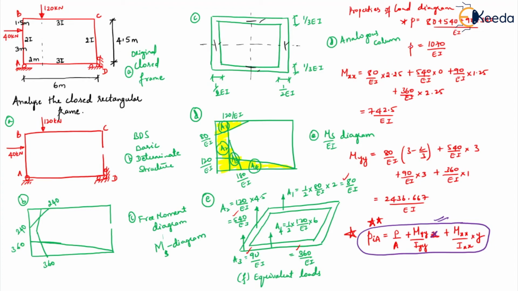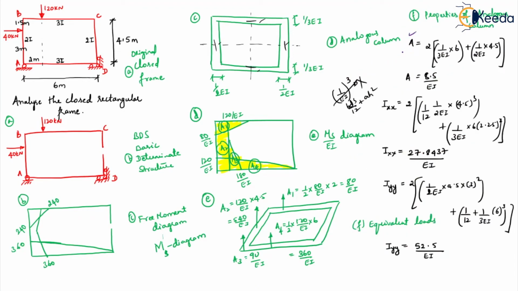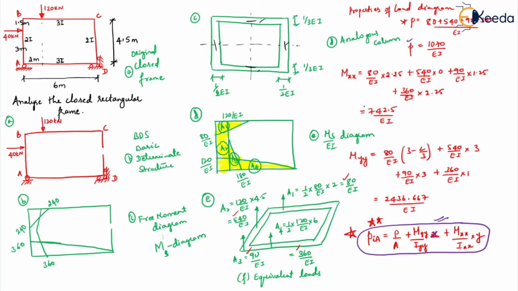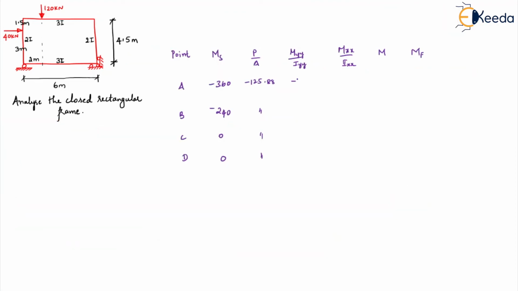Where's your P and A? See, this is your P. Okay, this is your A. So that P by A will be constant for all the places. Then MYY by IYY. Here you have it. MYY, IYY. Right? So if you substitute, calculate minus 139.24. It's same everywhere. Then you got your MXX by IXX.